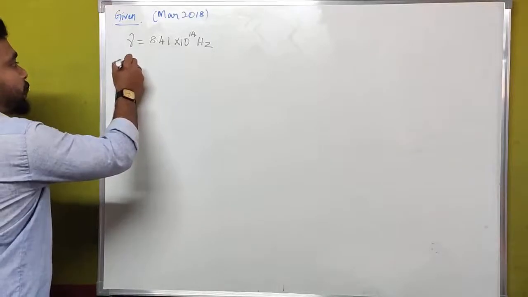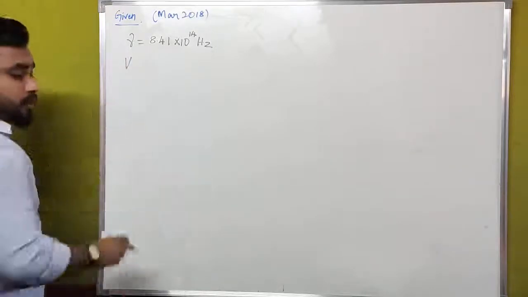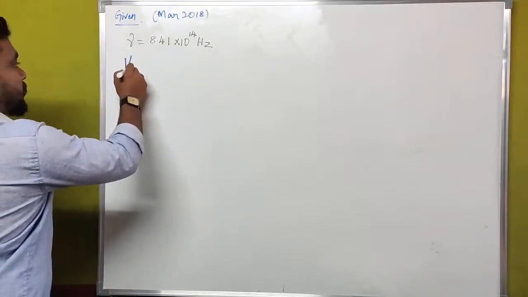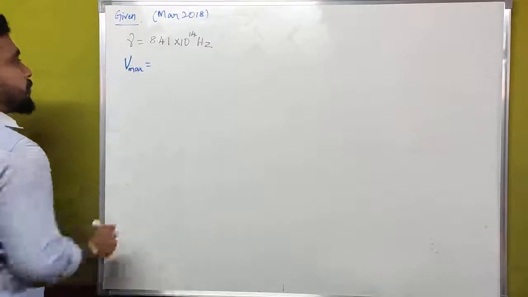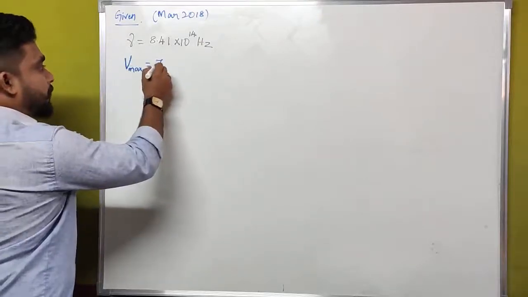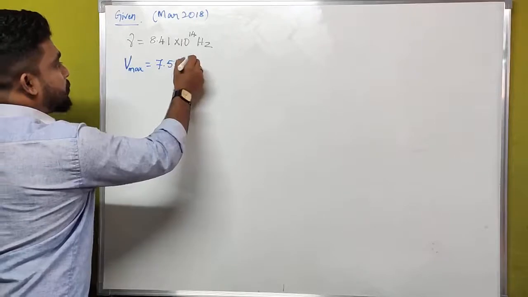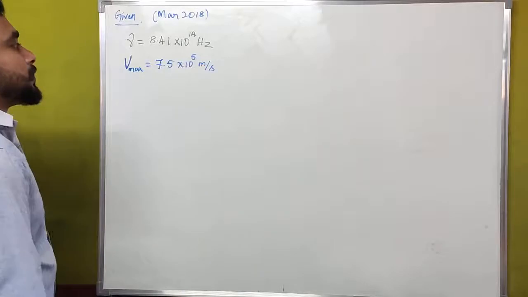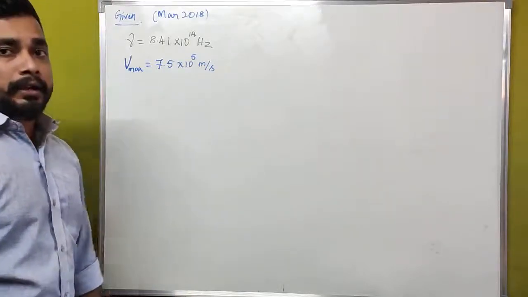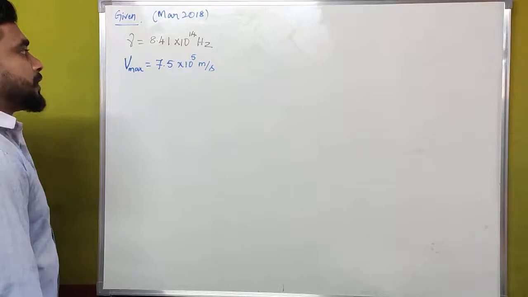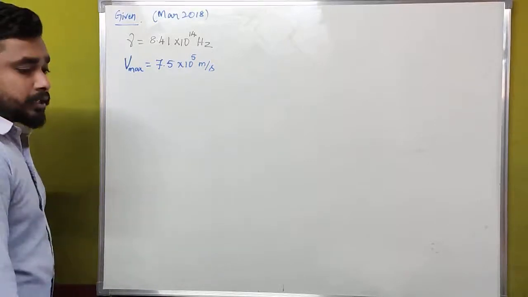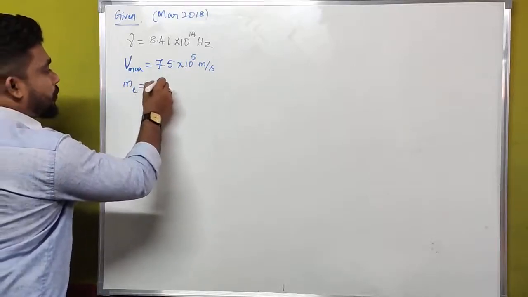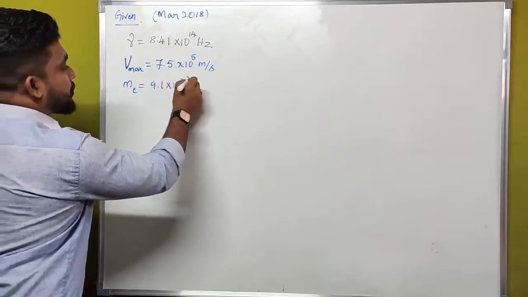And what is the maximum velocity of an electron? The maximum velocity of an electron is equal to 7.5 × 10^5 meter per second. The other constants are the mass of the electron, equal to 9.1 × 10^-31 kg.